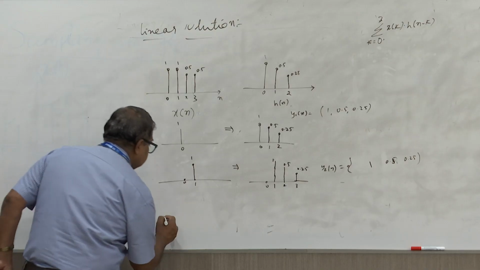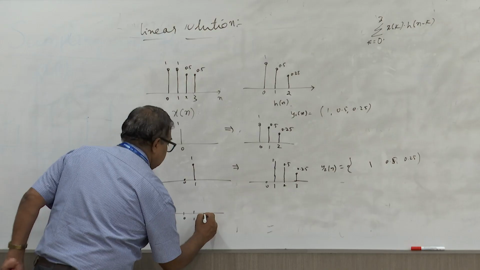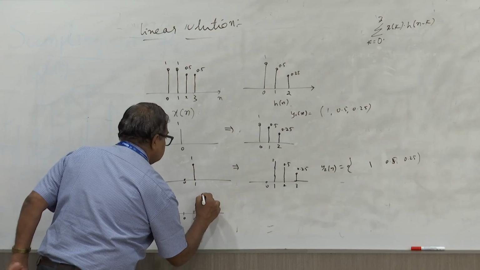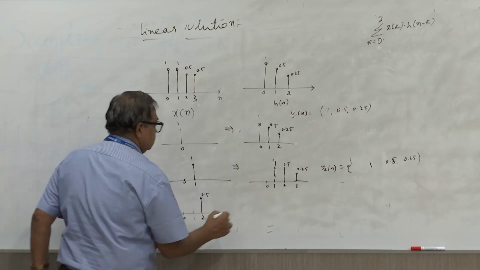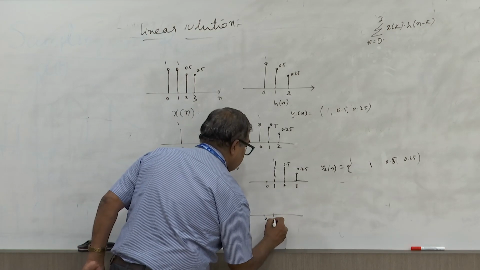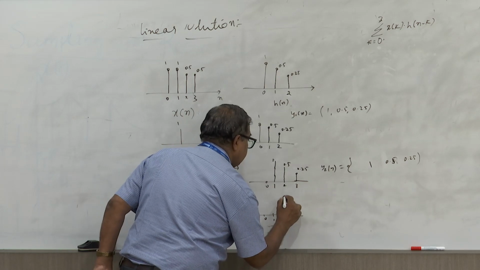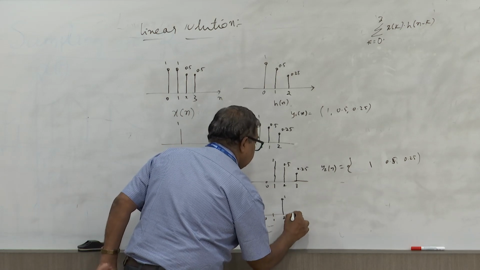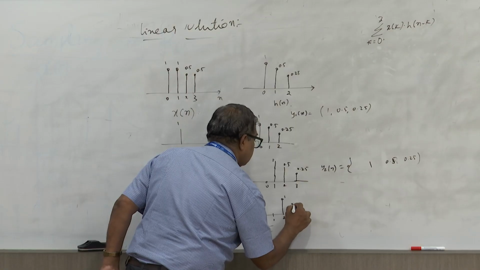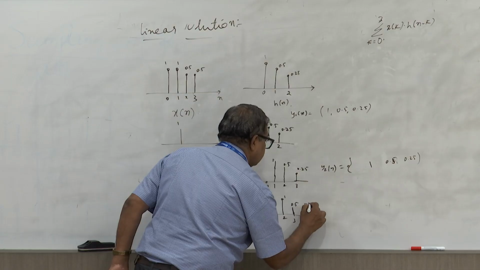Next I will take the next sample. So this is 0, 1, and I will take 2, so this is 0.5. Now again we will shift by 1 unit. So this will be 2; at 2 this will become 1, at 3 it will become 0.5, and at 4 it will become 0.25.